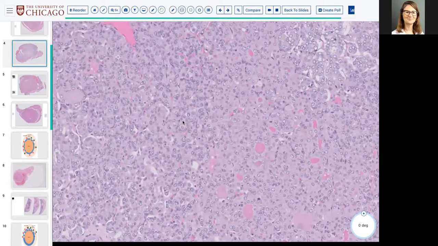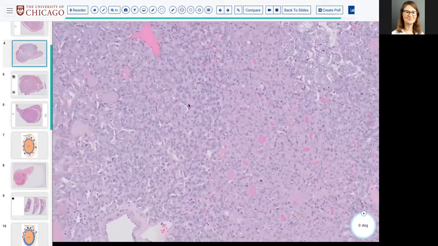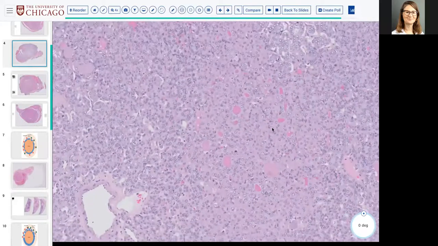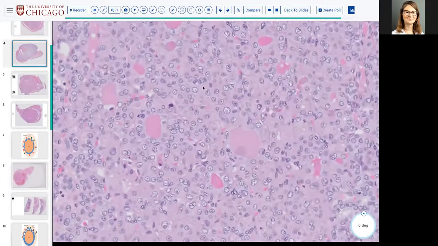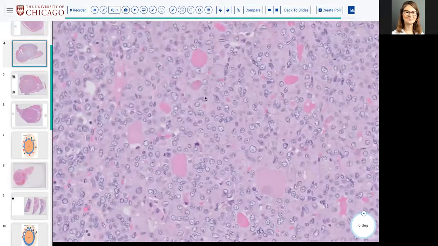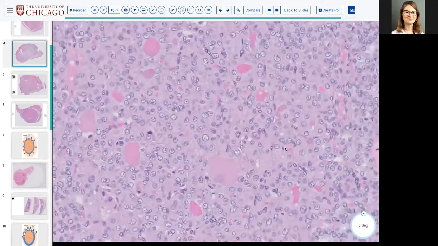So just to recap, there's mostly follicles. There are arguably compressed follicles. I probably would not regard these areas as solid because if you look very carefully, you can still make out the outlines of microfollicular structures. They are just highly, highly compressed.